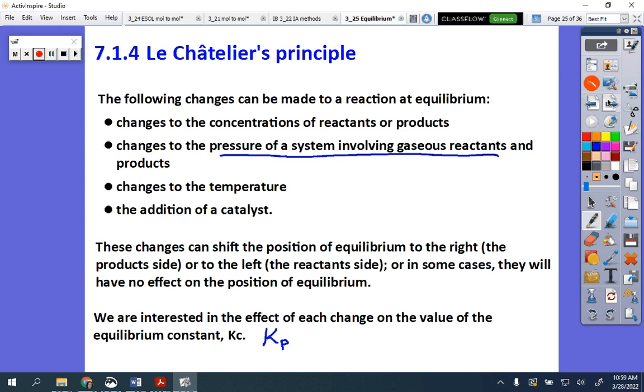And what we're really interested in when we talk about shift to the right, shift to the left, is changes in the equilibrium constant, which is generally going to be Kc, but may also be written as Kp when we're talking about pressure, which is basically the gaseous version of concentration. I mean, you can have changes in concentration in gases as well, but changes in pressure gives you similar effects.